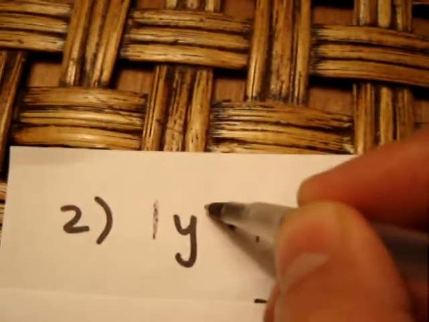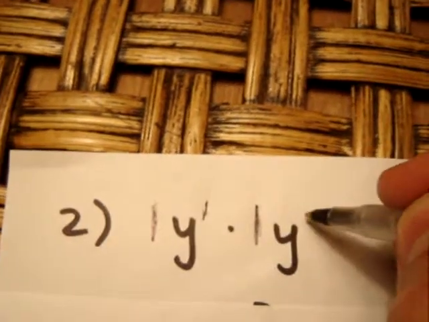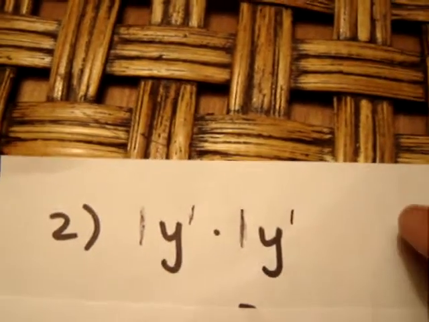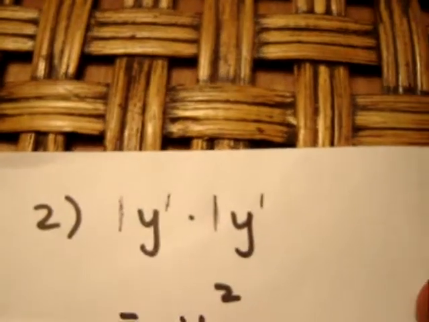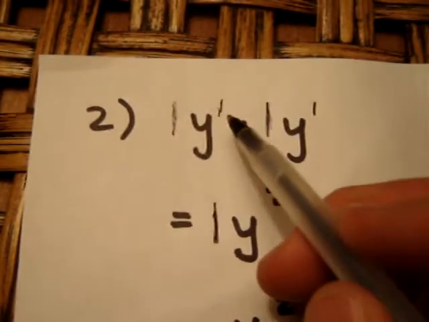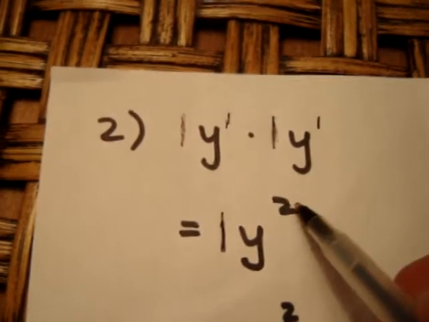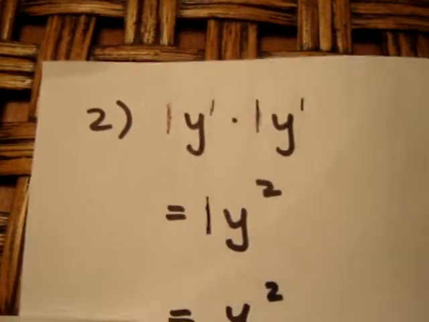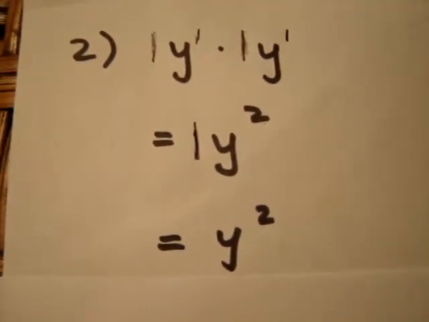And when the exponent is not visible, it's a 1. And so what we get is 1 times 1 as our new coefficient, which is 1. And then we simply add our exponents. 1 plus 1 is 2. And a more common way of expressing 1y to the 2 is to simply call it y to the 2, or y squared.